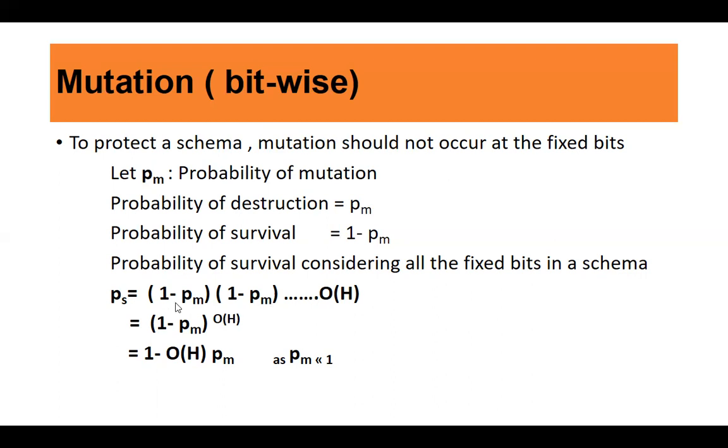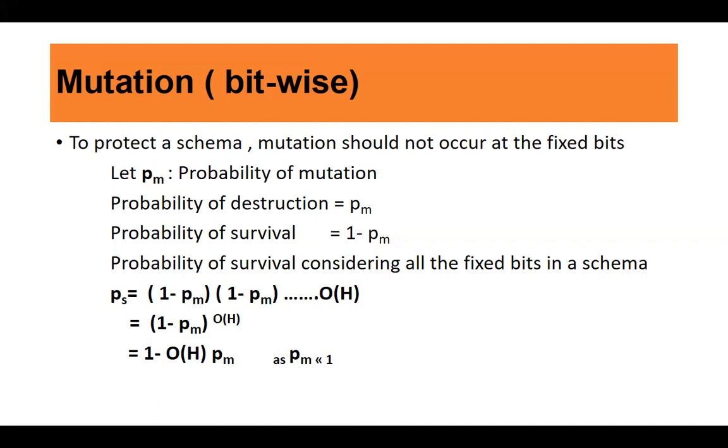Remember, we are talking about fixed bits in the schema, working on a particular schema H. So what is the probability that the first bit of the schema will not be mutated? That is 1 minus PM.